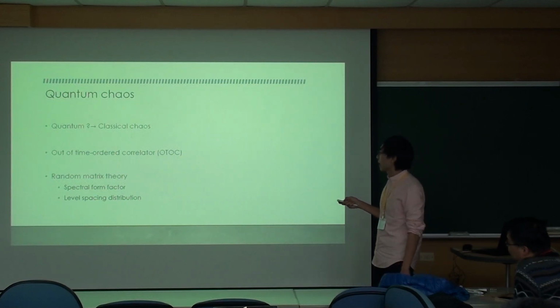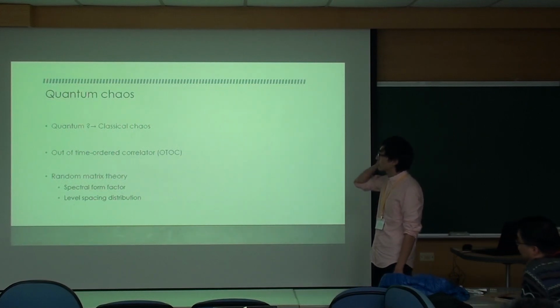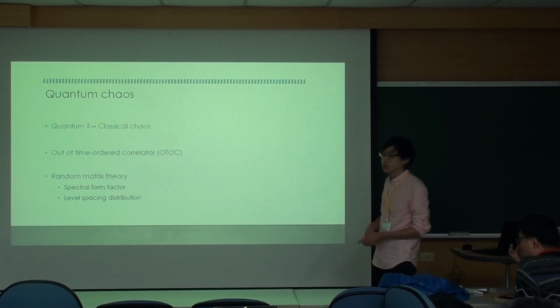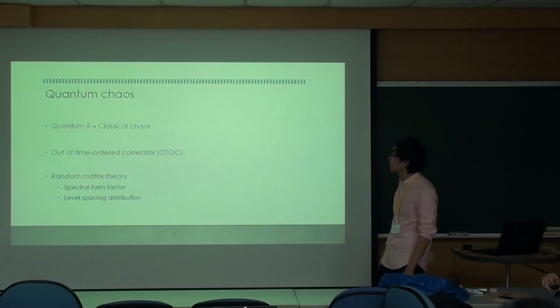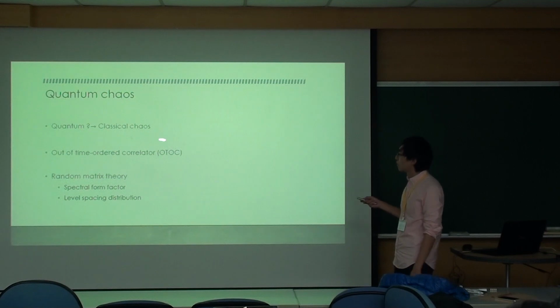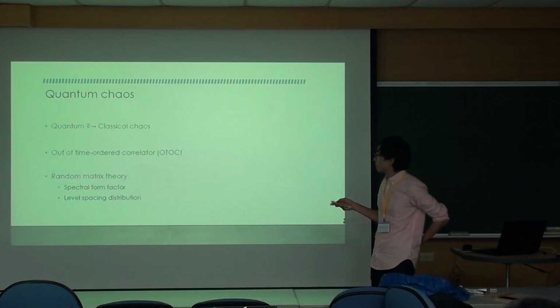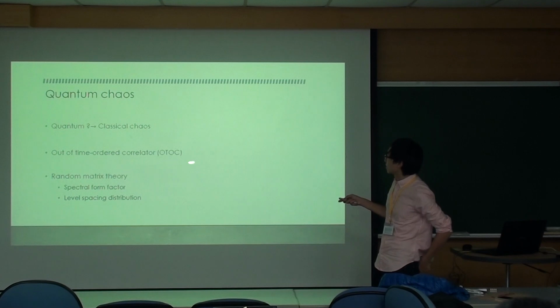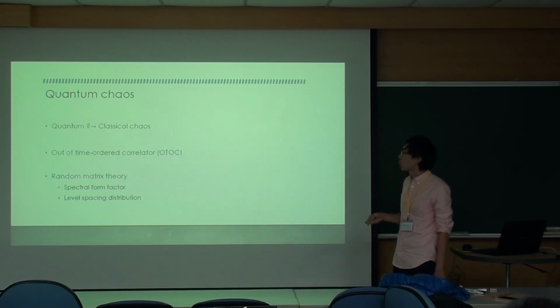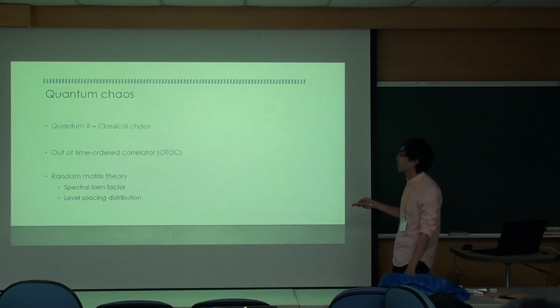There have been quite a few quantities that people use to understand quantum chaos. Two types are the most used. One is called the out-of-time-ordered correlators, shortened as OTOC. The other is the use of random matrix theory, which is the study of the statistics of the quantum theory.